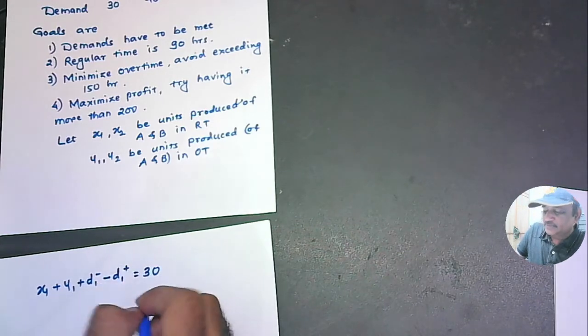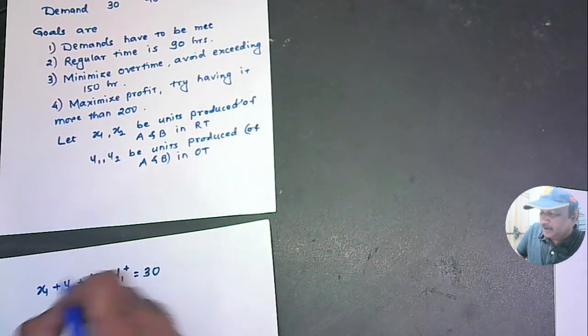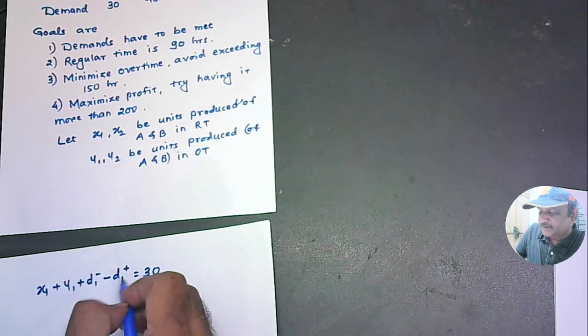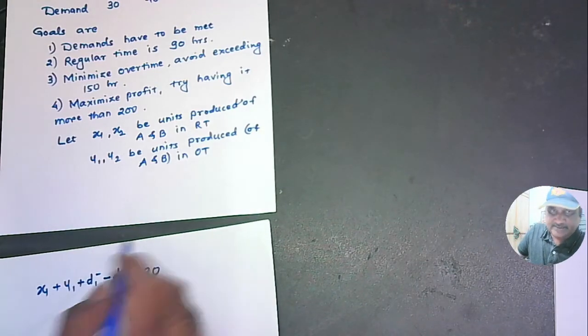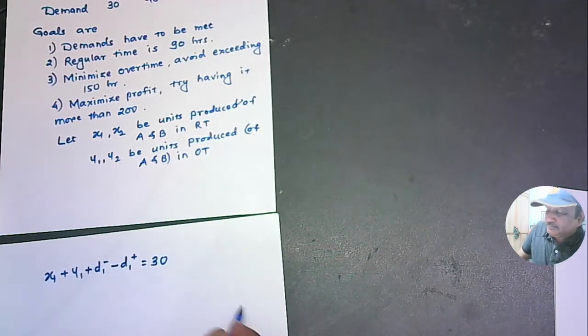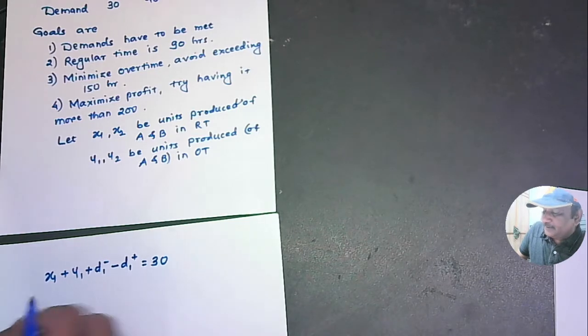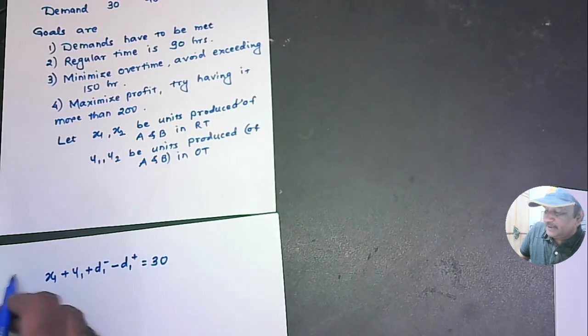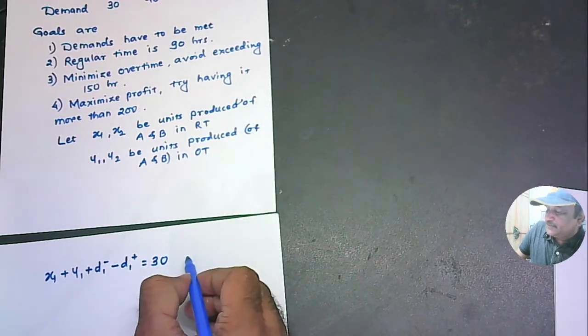Either of these will occur. If this happens to be 40, then something will have to be subtracted. All right. Then likewise, the second constraint also can be very easily written. That is about the demand for B. This is for A.